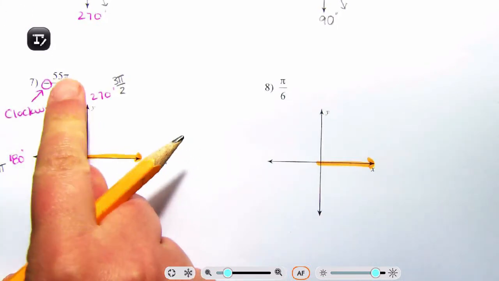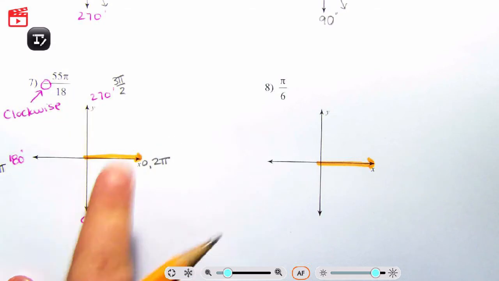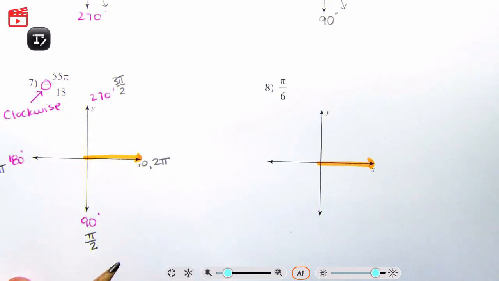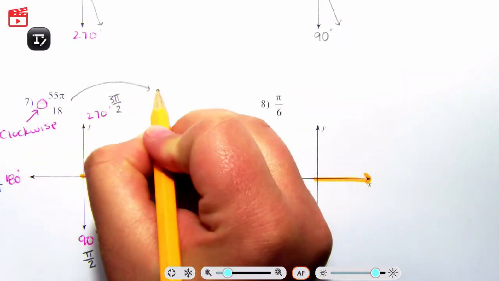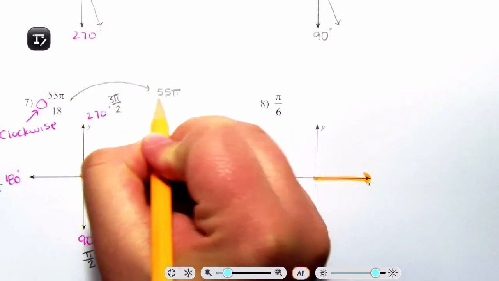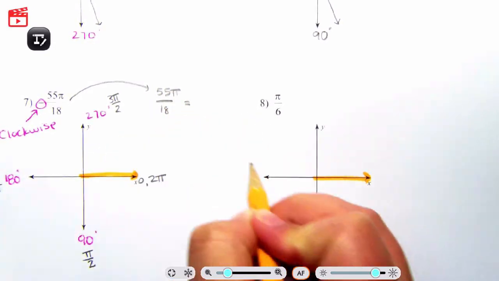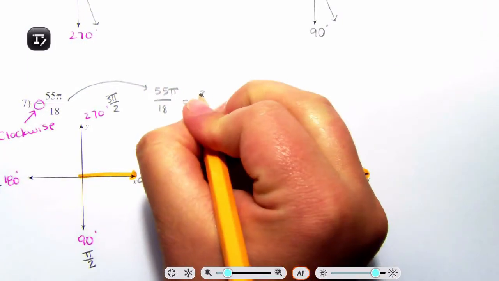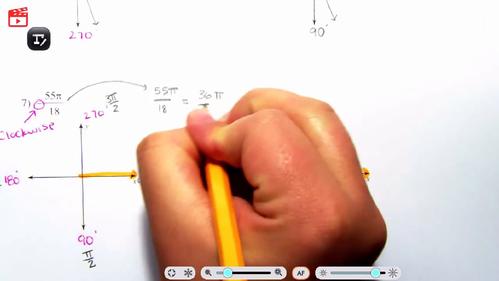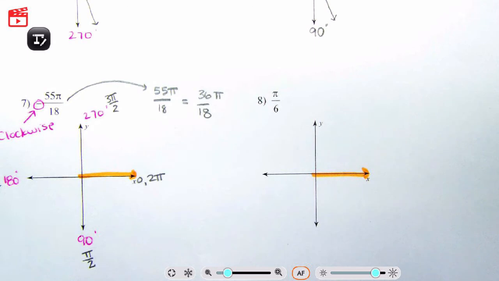Then you want to figure out how many rotations you have. We know that 2 pi is one full rotation. That means that if I take 55 pi 18ths, one full rotation, or 2 pi, would have to be 36 pi over 18. Why does it have to be 36 pi over 18?